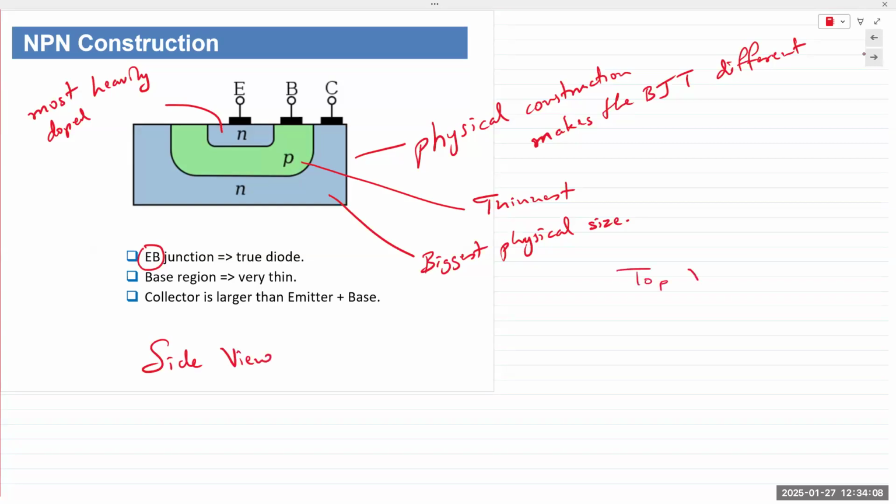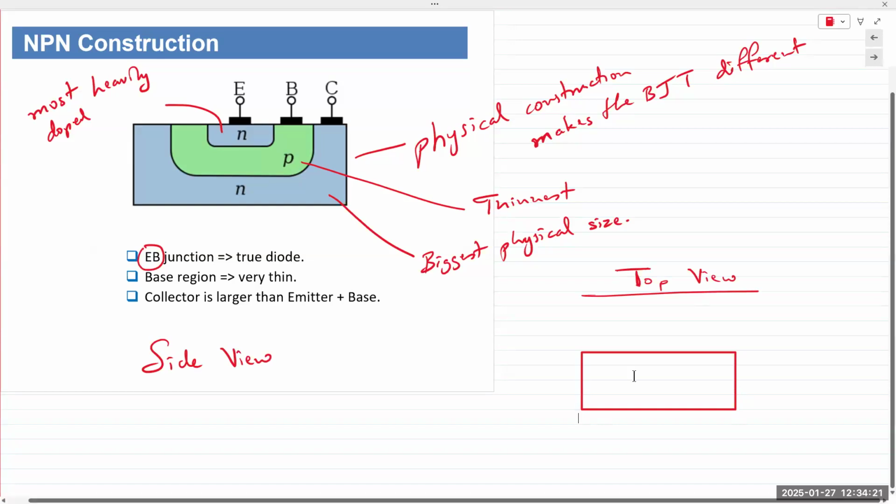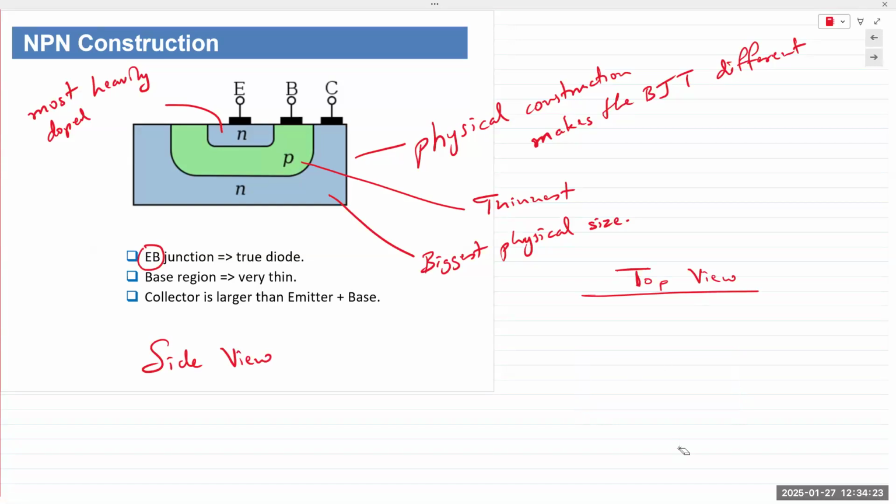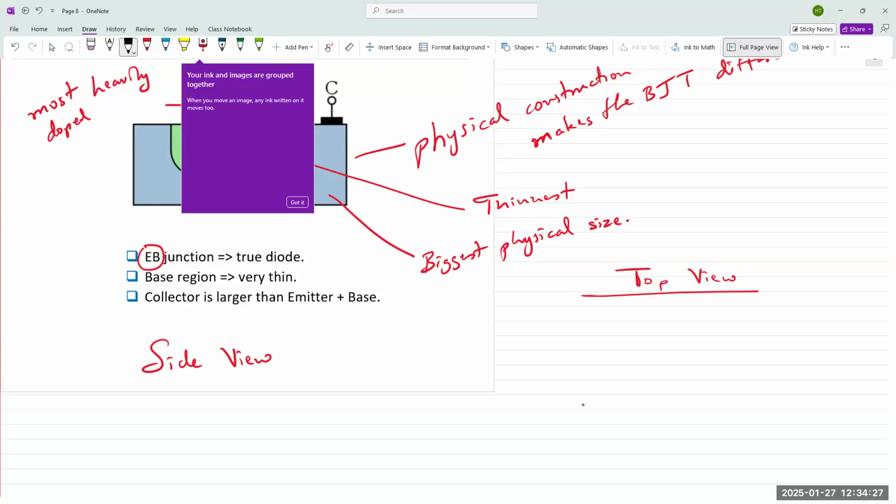Typically, we make these in the X and Y direction. So looking at it from the top, it looks something like this. Let's use a color.